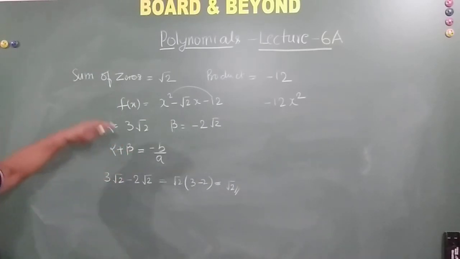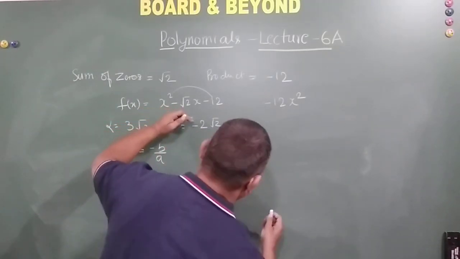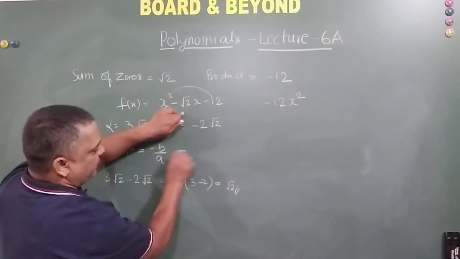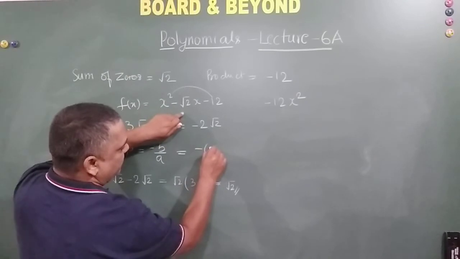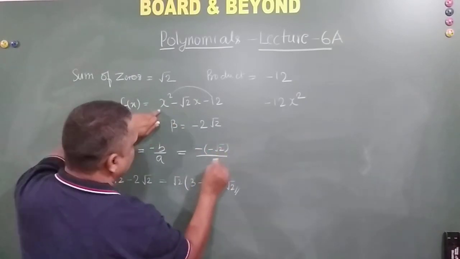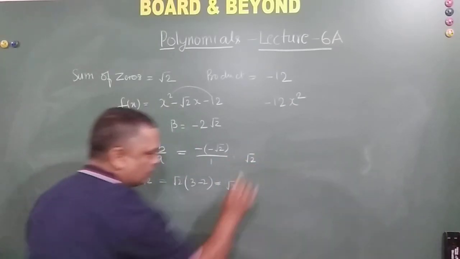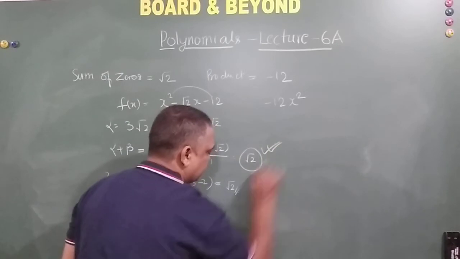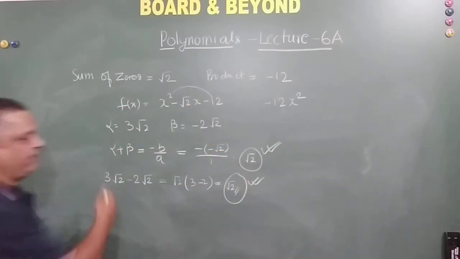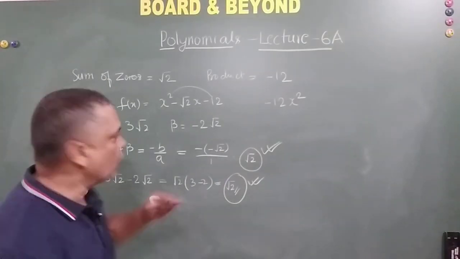Now considering the RHS, minus b by a, now go to the original equation, my friends. That is minus b by a will be equal to minus of minus root 2 by 1, that is equal to root 2. You are able to see this and this, my friend. So we have verified that alpha plus beta is equal to minus b by a holds good for this quadratic polynomial.